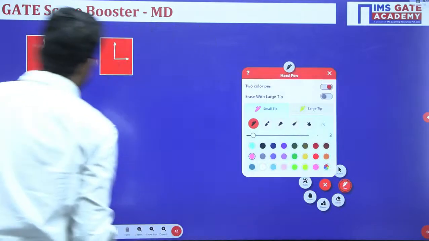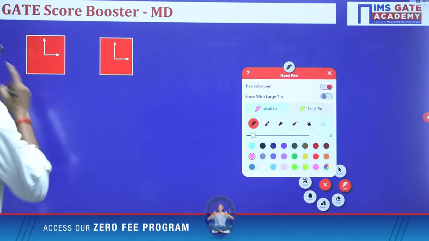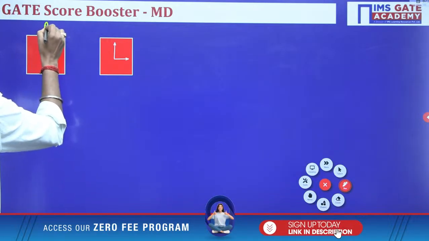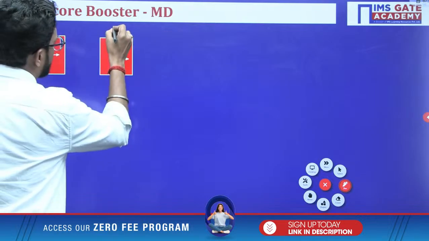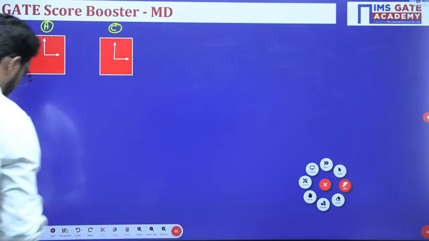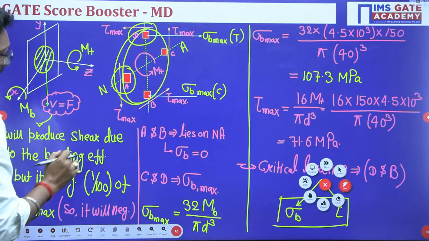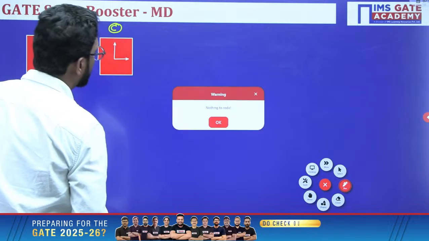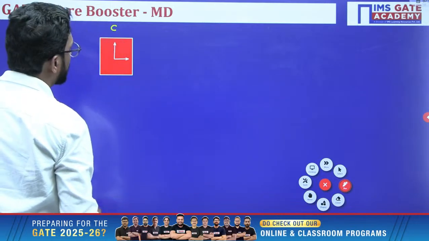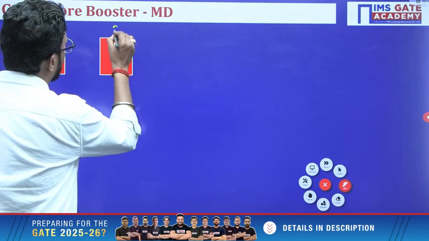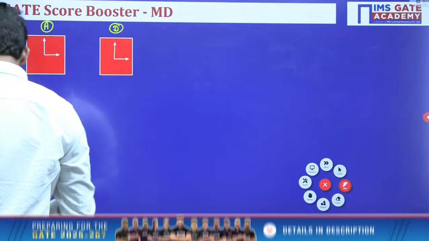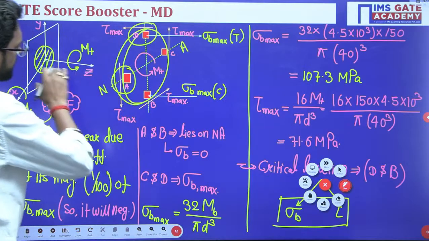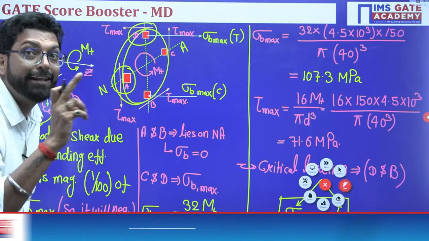Now here, let's suppose this is the state of stress at A and this is the state of stress at C. A and C have the same nature. So let's consider A and D. At point A, there is no normal stress.